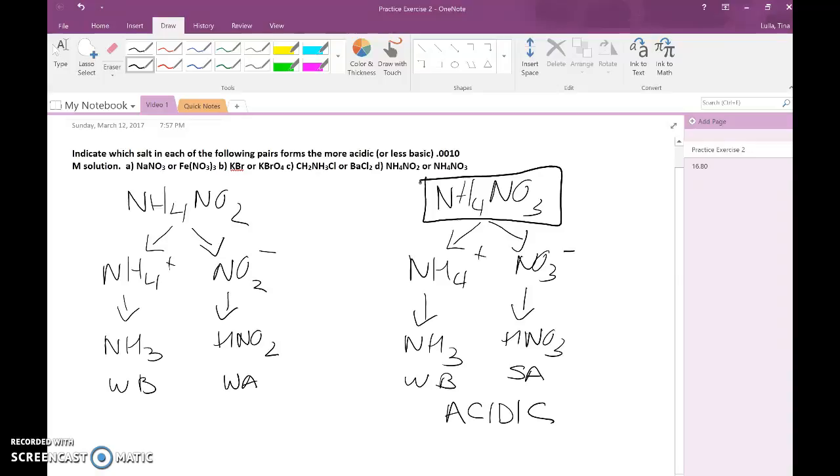In the case of NH4NO2, with my weak base and my weak acid, I would have to look at Ka values to figure out which would be more acidic or more basic, but I don't often see that situation, so I don't think we need to look into it, considering we can assume NH4NO3 is going to be our stronger acid because of the weak base, strong acid situation.